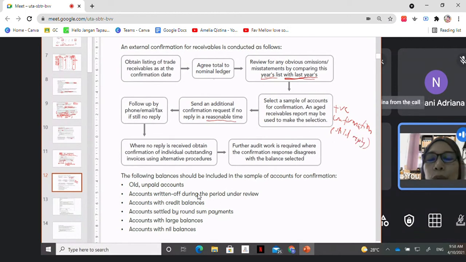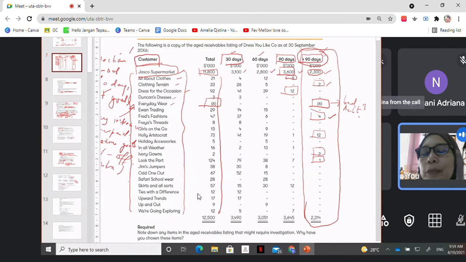Okay. So when no reply is received, obtain confirmation of individual outstanding invoices using alternative procedures. And further audit work is required where the confirmation response disagree with the balance selected. So let's say you send a confirmation letter to everyday wear. So everyday wear I should have negative balance.